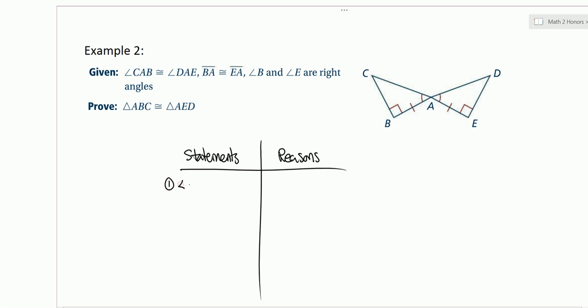So we've got angle CAB congruent to angle DAE. We've got side BA congruent to side EA. And angles B and E are right angles.